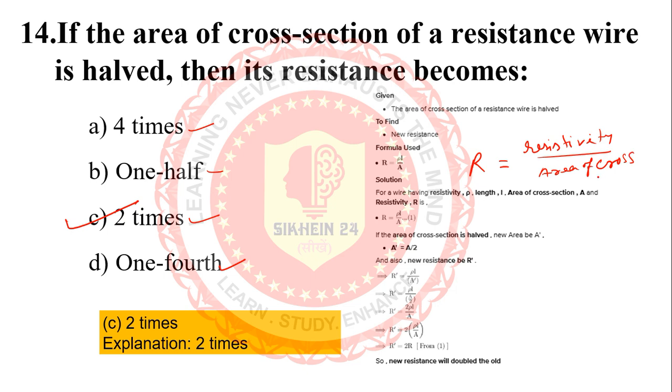Here is the equation, and length also: resistivity and length. The product of resistivity and length divided by area of cross section is the resistance. If the area is A dash, A by 2, half, then also the new resistance R dash, and you can put this in, you get the answer, right?